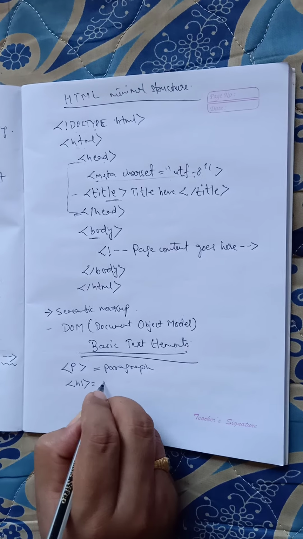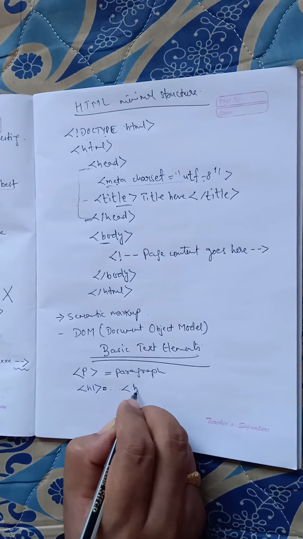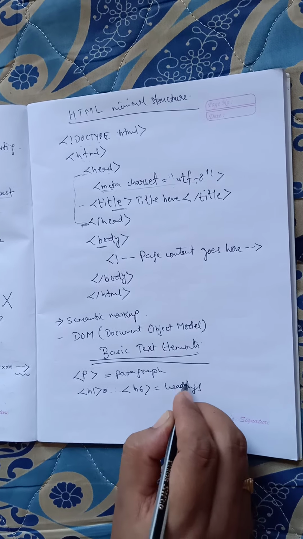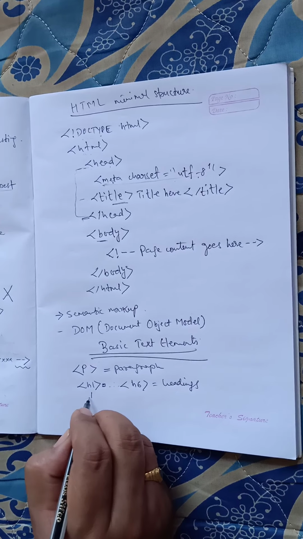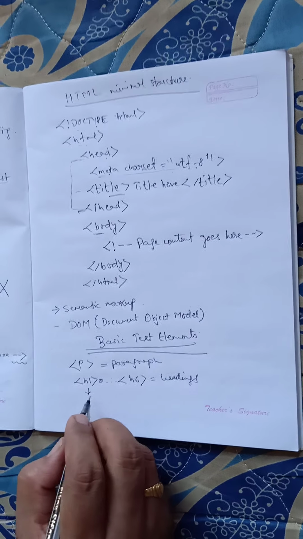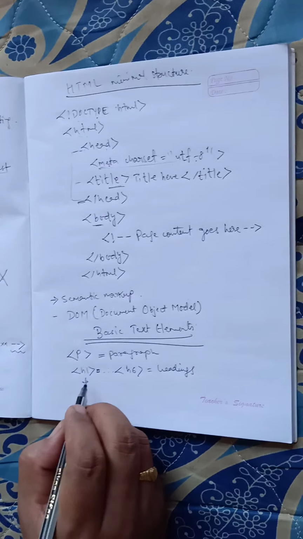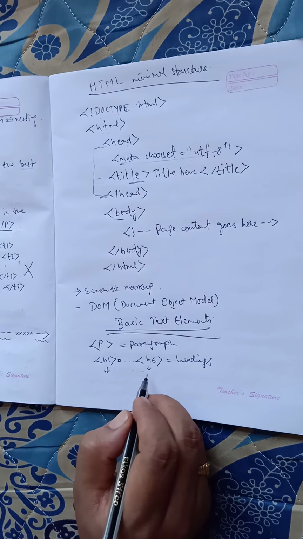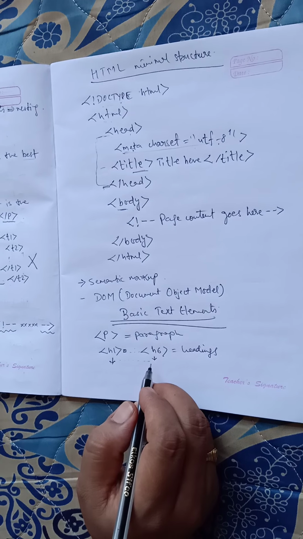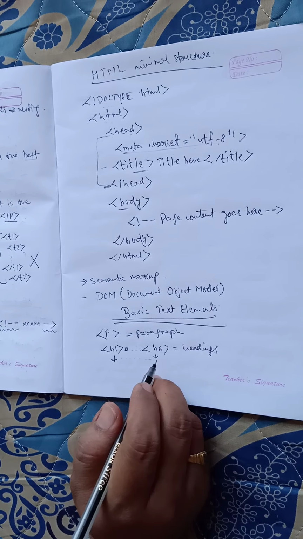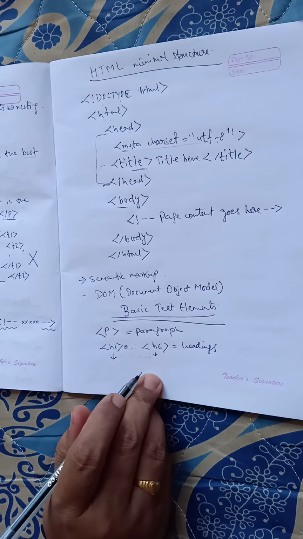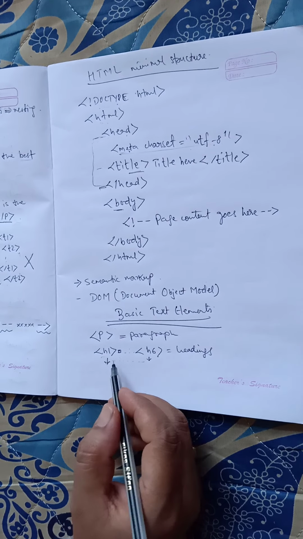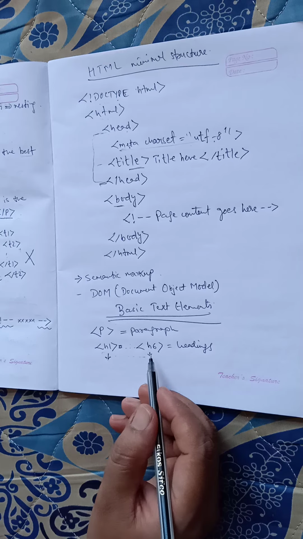Then we have H1 to H6 for our headings. H1 is the biggest heading and the size is the biggest among all these, and the size then reduces when we go to H6. So whenever we want to give the main heading, we go for H1. Subheading, we may go for H2 or H3. Accordingly, we do it.